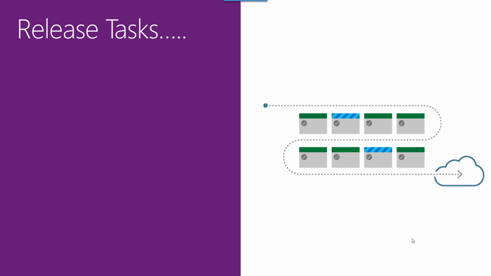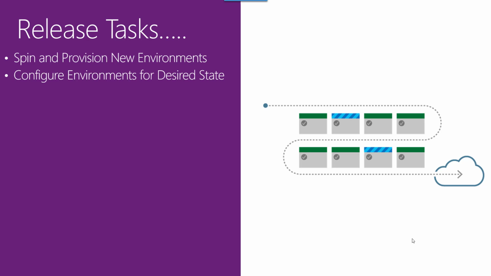If we go to the release tasks or the release pipeline, the first is to spin up and provision a new environment. Configure the environment for the desired state, because we would like to have this configuration, like enabling IIS, enabling ASP.NET, or maybe installing some components using the Chocolatey framework, for example.